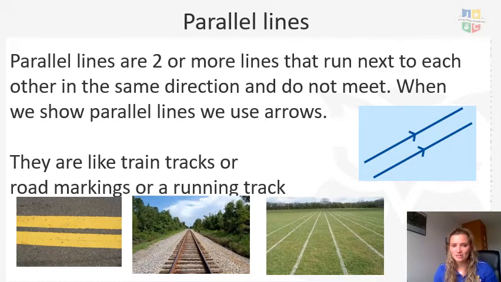So you can see the different types of road markings and running track and train tracks. Also, you can do what we call parallel skiing. That's where your skis have to stay the same distance apart, because if your skis crossed, you would end up falling over. So parallel lines are just two lines or more that run next to each other in the same direction but will never cross.